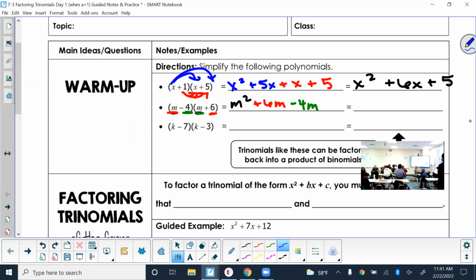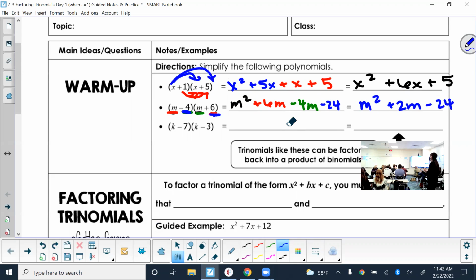And then last terms, what's -4 times 6? -24. All right, combine like terms. What's 6m minus 4m? 2m. Positive 2m. So good, and then we have m squared plus 2m minus 24.